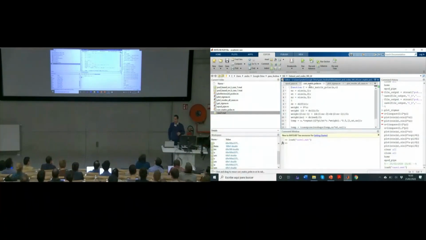In this case of a turbulent pipe, you want more resolution nearby the wall and less resolution in the center. And also here we have a cylindrical coordinate system, so the area value is not constant everywhere.